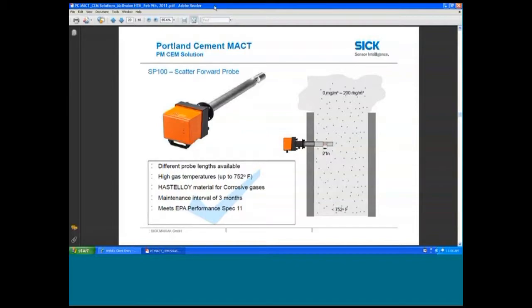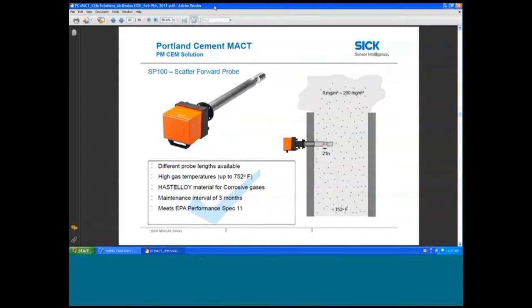All the units are PS11 compliant, and more importantly, one of our main criteria for choosing the solutions we do for this particular application is reliability and maintenance, because accuracy is very important, but also the ability to maintain it using reasonable resources is also important. So these devices, in particular this one, you'll see has a third-party tested maintenance interval of 3 months.